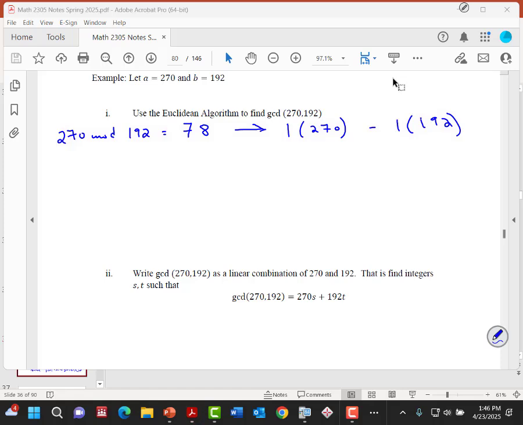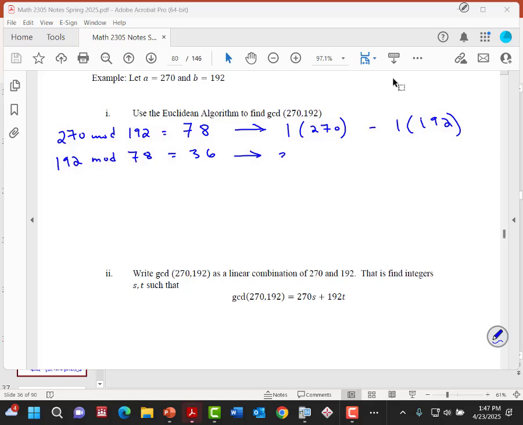Now, we haven't gotten a 0 out for our remainder, so we need to do the algorithm again. So let's go 192 mod 78. Okay, this would go in there 2 times with the remainder of 36.